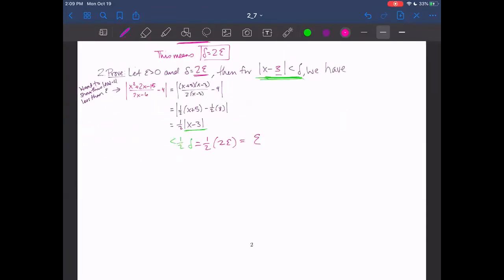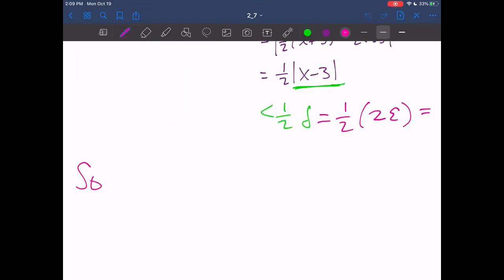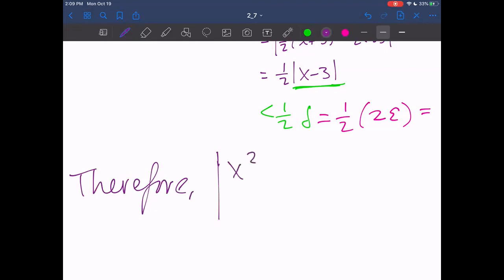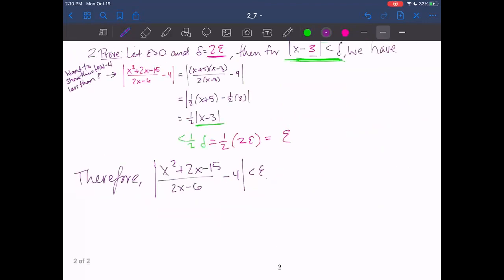Therefore, the absolute value of (x squared plus 2x minus 15) over (2x minus 6), minus 4 is less than epsilon, which is what we wanted.